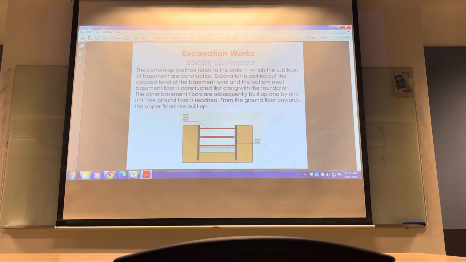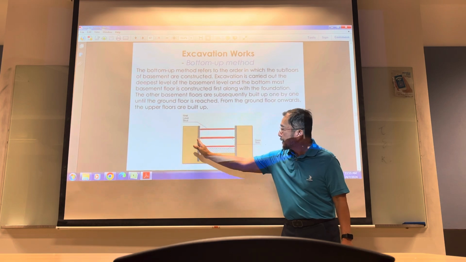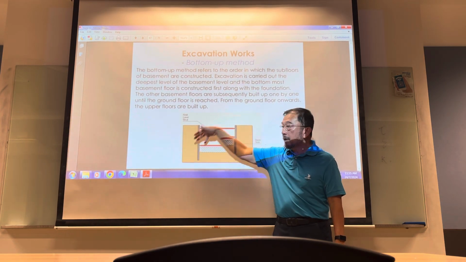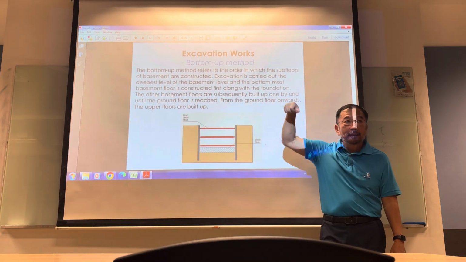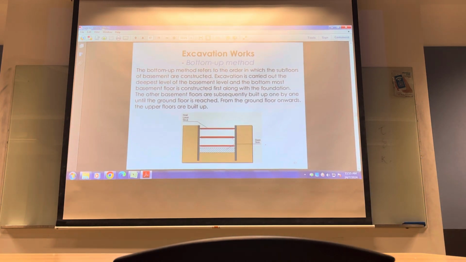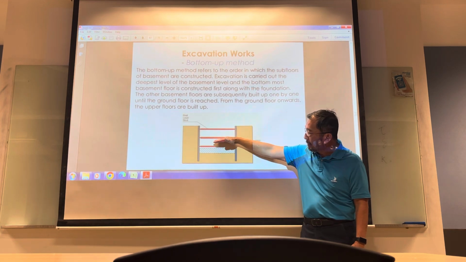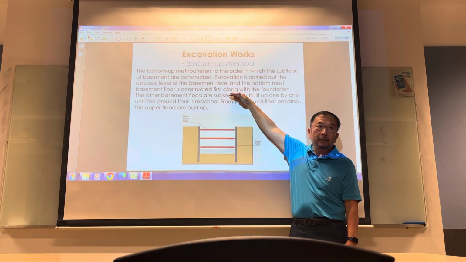Once you know and deploy your retaining system, which is the vertical face to retain the soil outside while you excavate inside, now you need to decide how to excavate the soil and construct the structure. 2 ways. One is bottom up, where you remove the soil all the way down and build up from there.